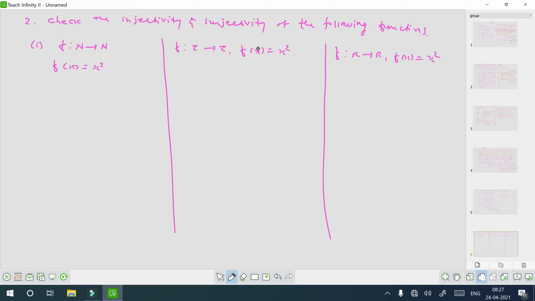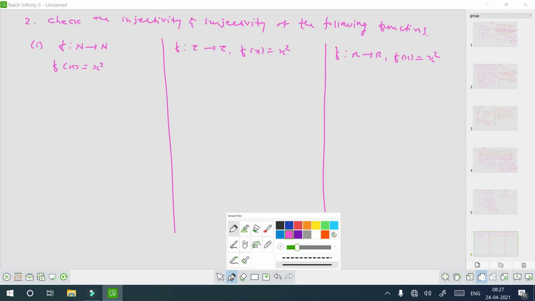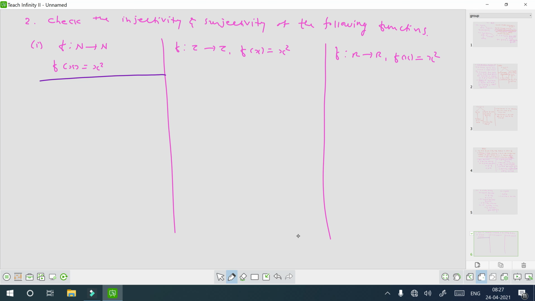Now we can see this thing, please see here. Here f from N to N, f of x is equal to x square. Clear? So for x1, x2 belongs to N, f of x1 is equal to f of x2 implies x1 square is equal to x2 square, implies x1 is equal to x2.